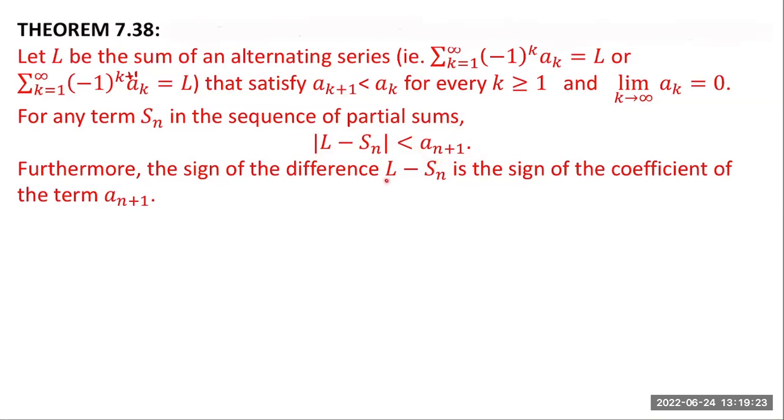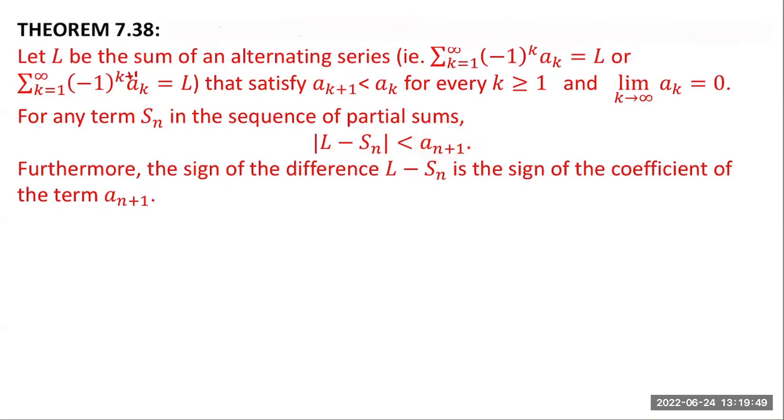And of course, this difference has the same sign as the sign of a_(n+1) in the series. So that means if this a_(n+1) is very small, the absolute value of this difference is very small, right? What does that tell you? That tells you that your S_n is very close to L if this number is very small.